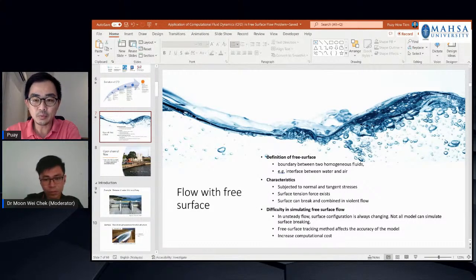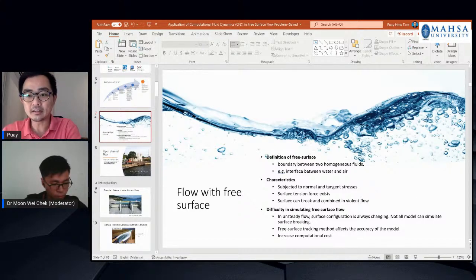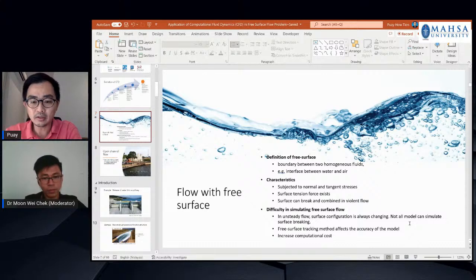To simulate free surface is quite difficult and very challenging, because the surface configuration keeps on changing in the case of unsteady flow, and it can also break and combine. Therefore, not all models can simulate free surface, due to the very costly and complicated process of representing it.